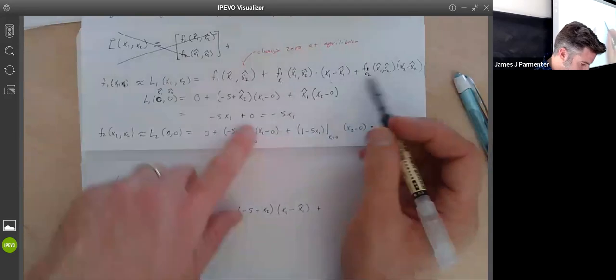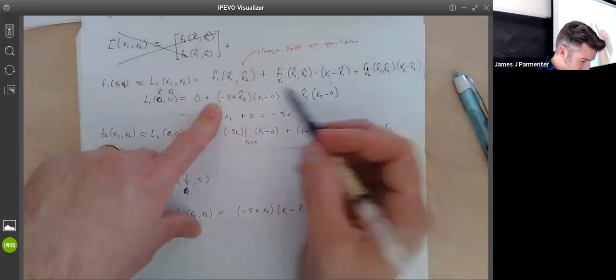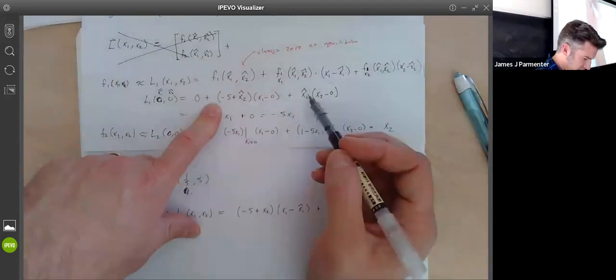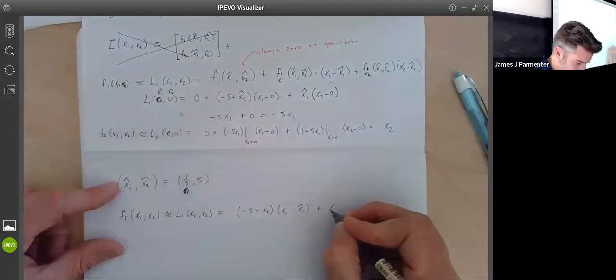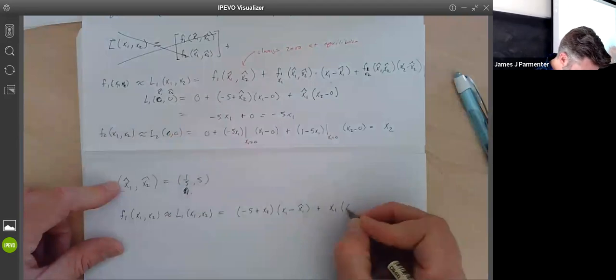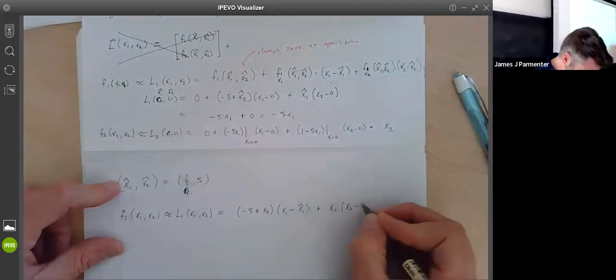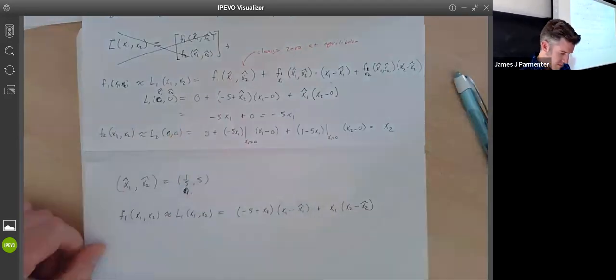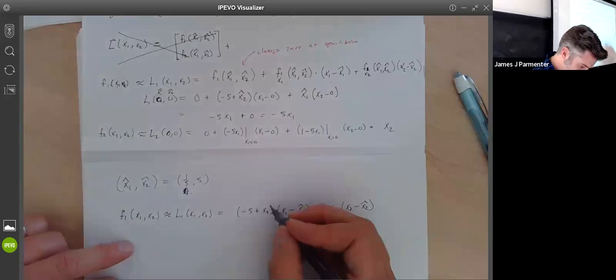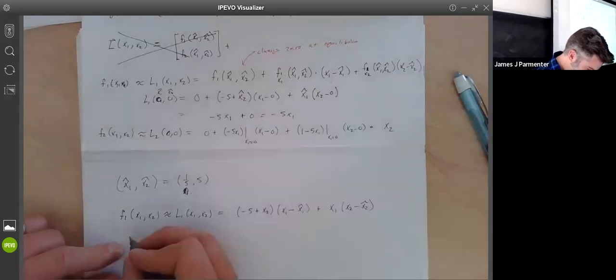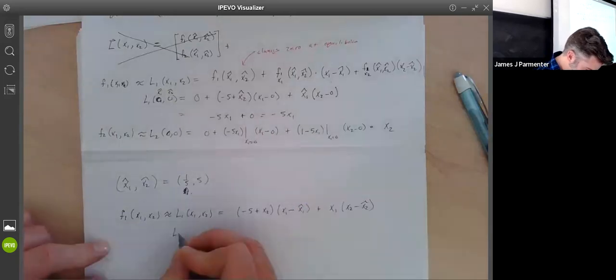Careful. With respect to x2, yeah, okay, x1. Right, it's a lot to keep track of. x1 times x2 minus x2 hat. And then we're plugging in 1/5 and 5.